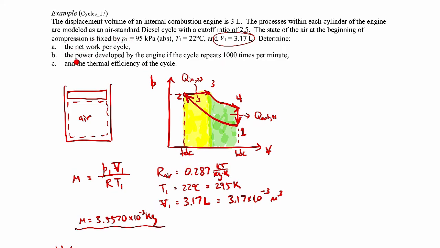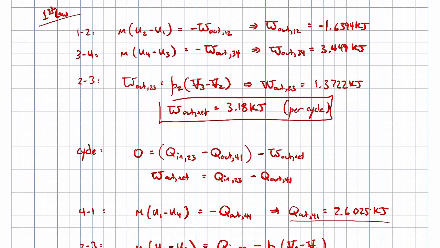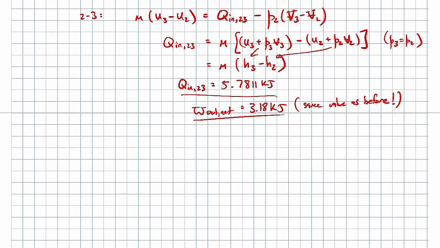Now part B is to find the power developed by the engine if the cycle repeats 1,000 times per minute. So this is just asking us to find the power. So the rate at which we're doing work, so out net, will just be the work that we're doing out per cycle.